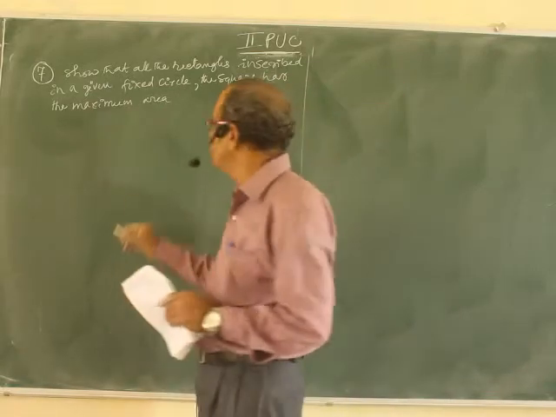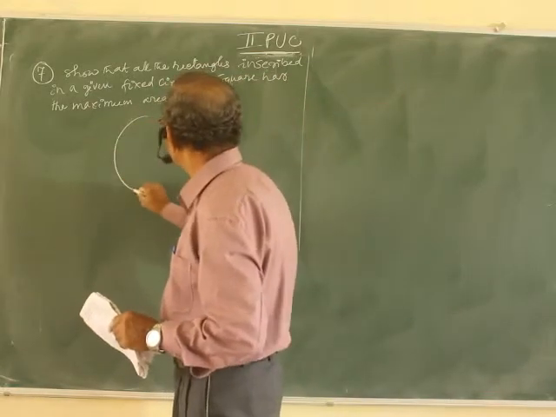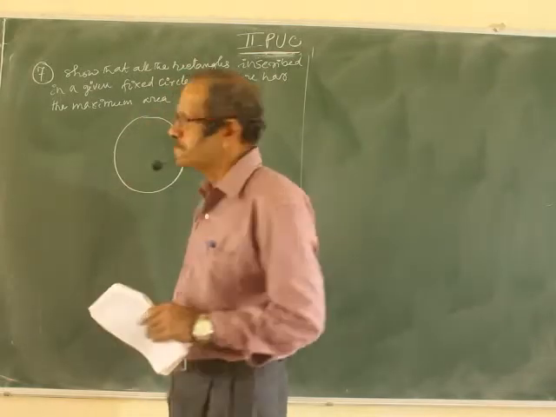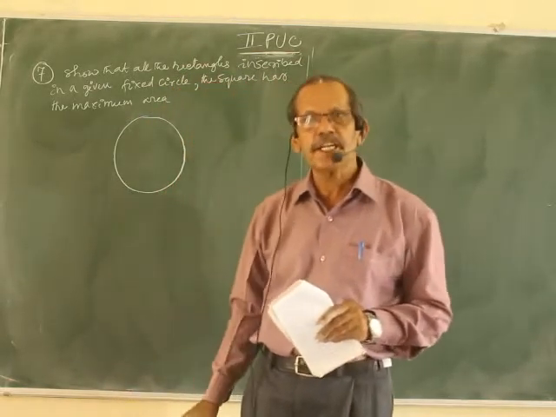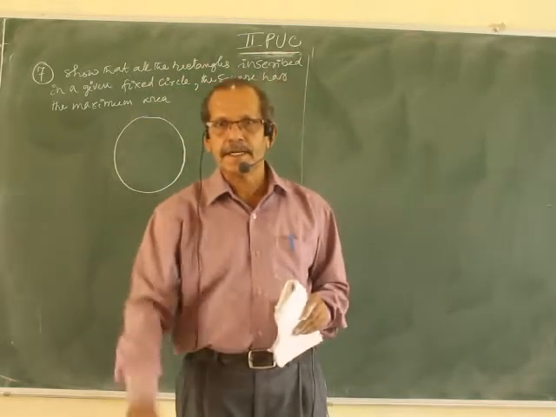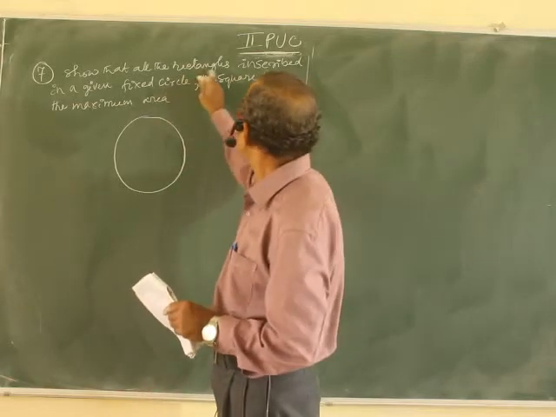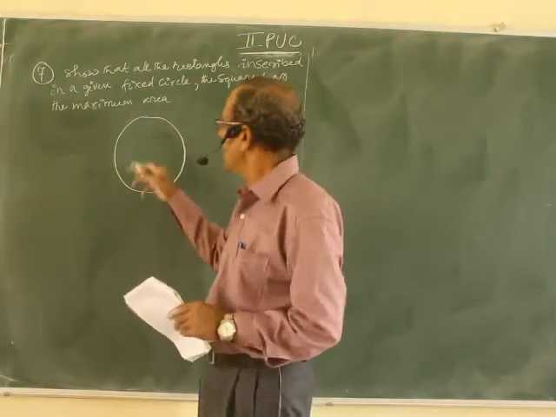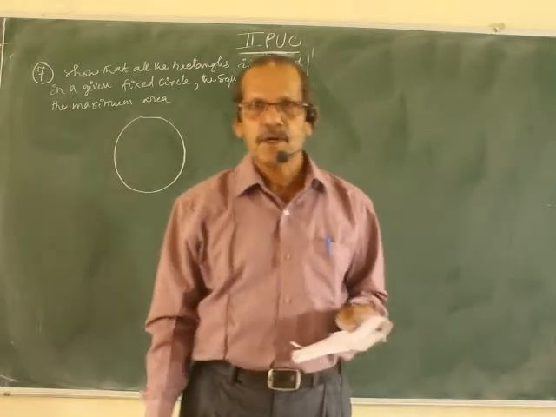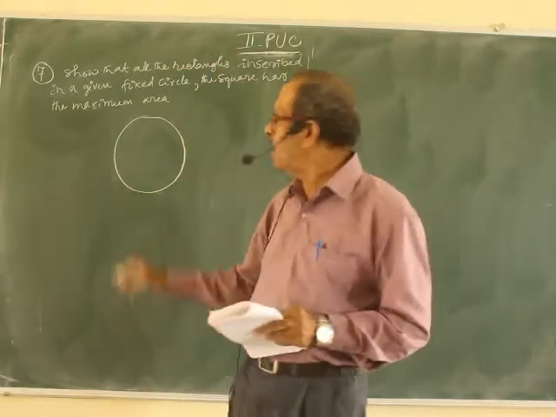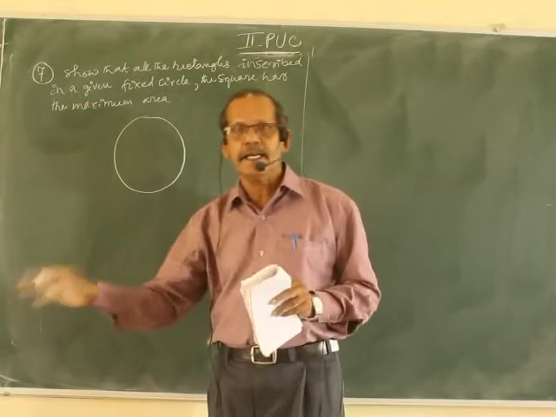Just see here, given a fixed circle, the radius of the circle is given, fixed, constant. Now, you can draw any type of rectangle inside the circle.